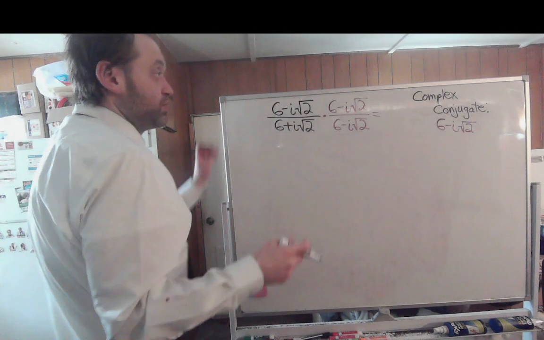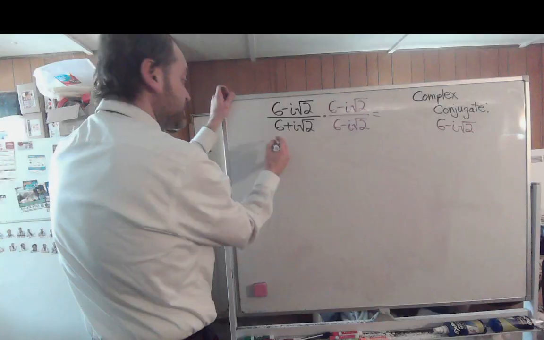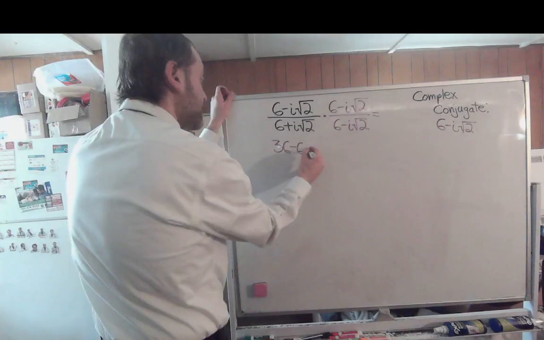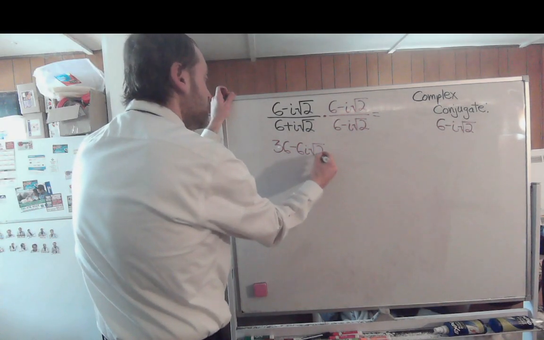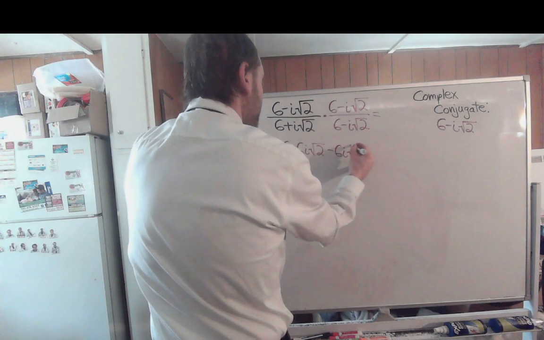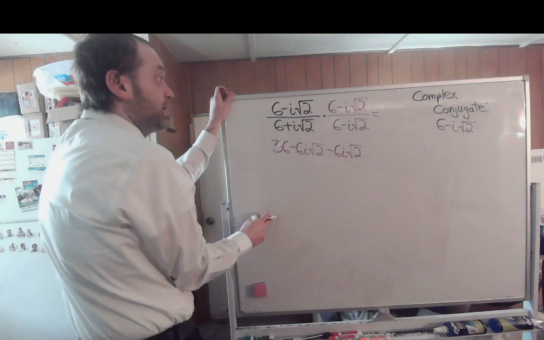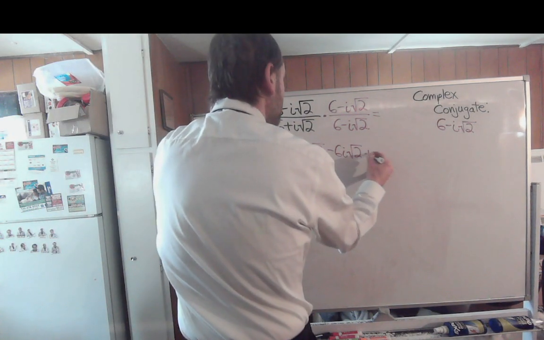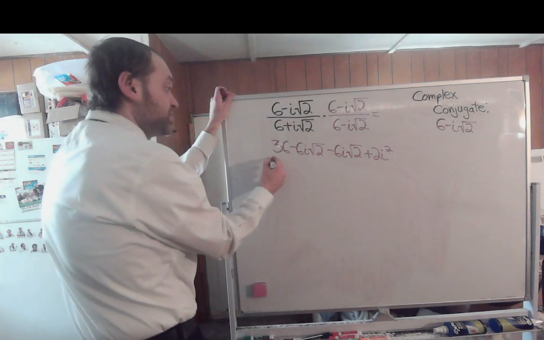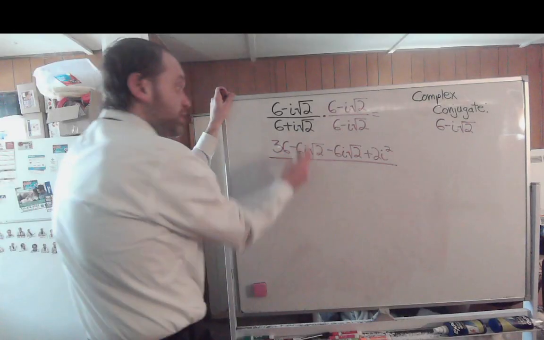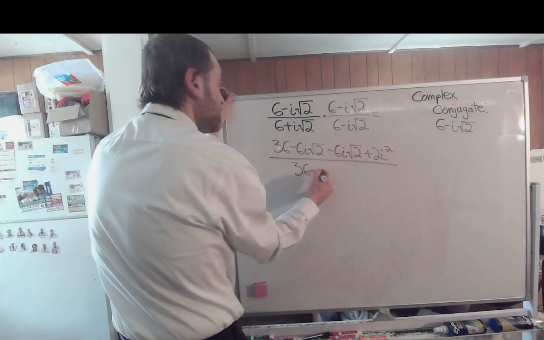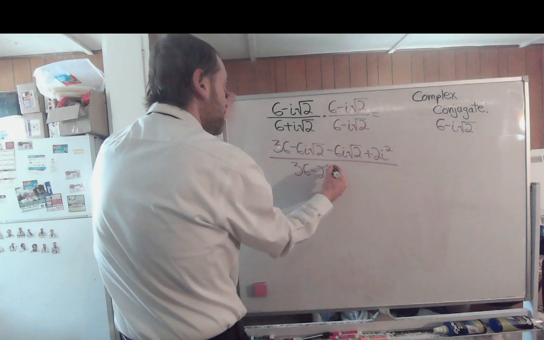All right, so let's do the foiling in the numerator. 6 times 6 is 36. This would be minus 6i times the square root of 2, minus another 6i times the square root of 2. And this would be simply plus 2i squared. This is going to be all over, now you have a perfect square, so this will be 36 minus 2i squared.